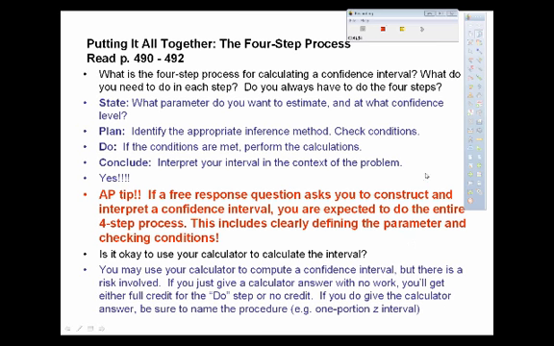You can use your calculator to compute the confidence interval, but there is a risk involved. If you just give the calculator answer with no work, you'll get either full credit for the do step or no credit. If you do give a calculator answer, be sure to name the procedure, for example, one-proportion Z interval.